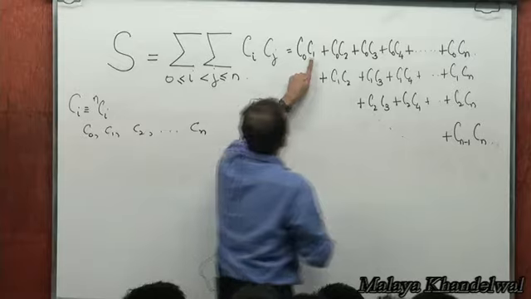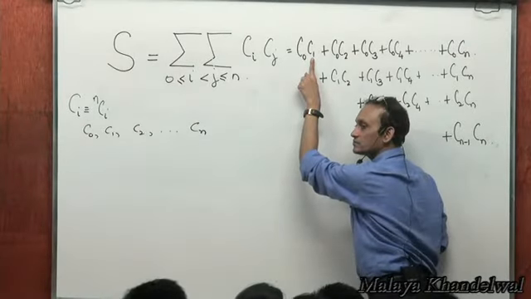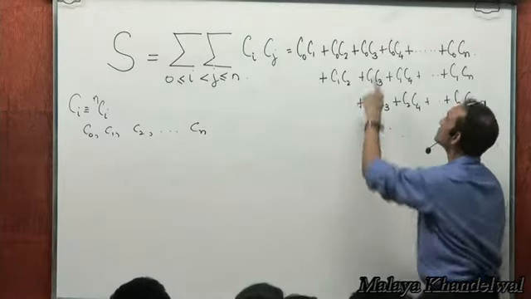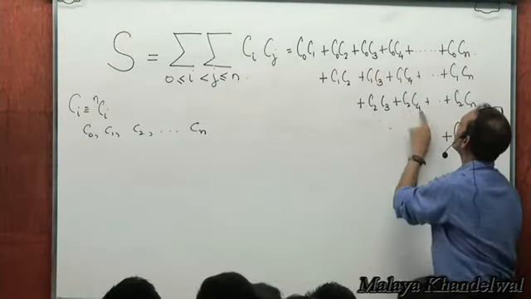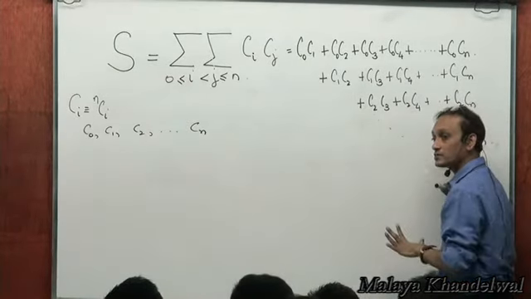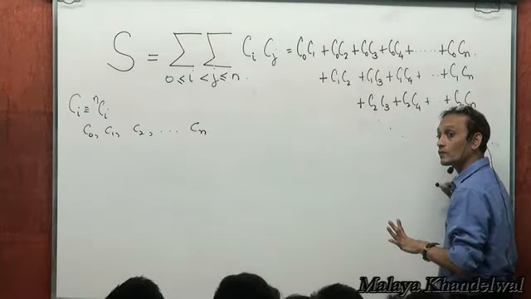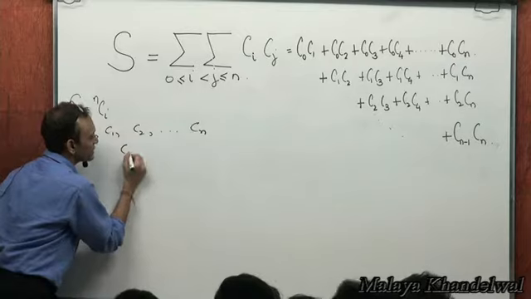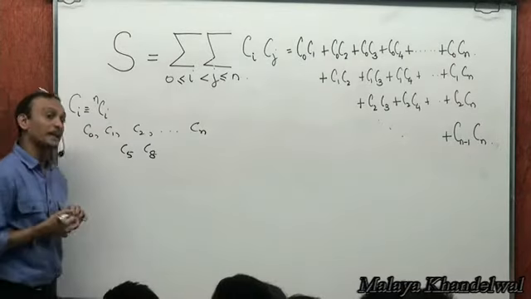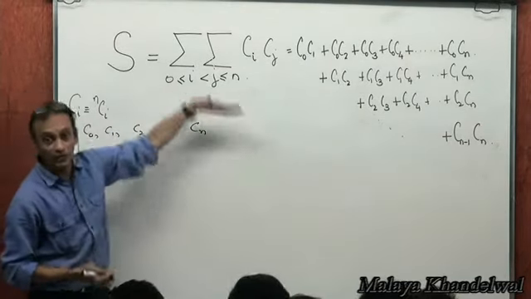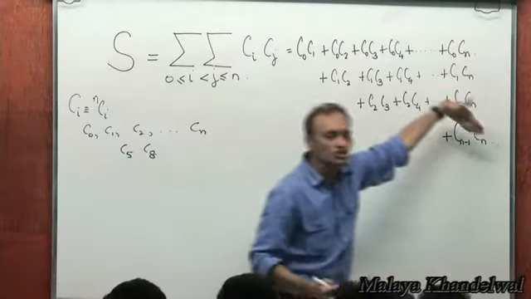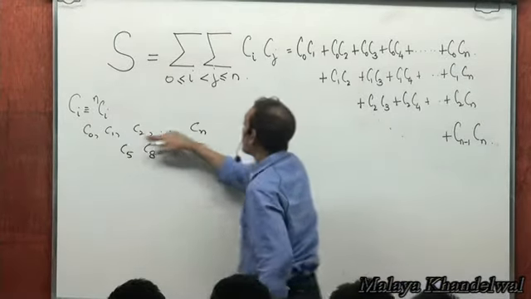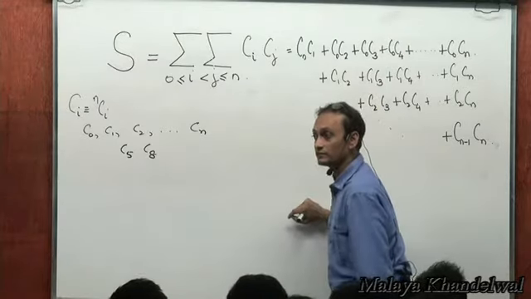C0 C1 has appeared only once. C0 C2 in this entire business has appeared only once. C0 C3 has appeared only once. C2 C4 will appear only once, right? And all pairs are appearing. If you randomly think of a pair, say C5 C8, that has necessarily appeared, for i equal to 5 and going 8 rows down. So every pair in this sum has appeared.